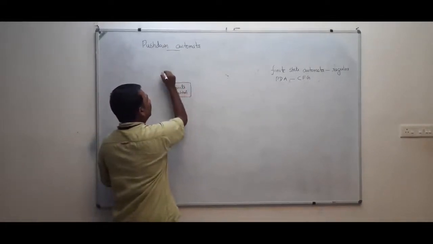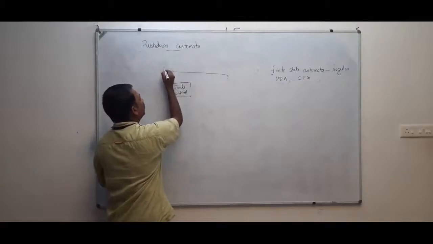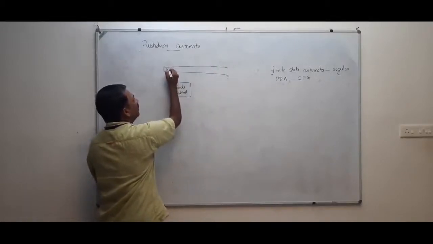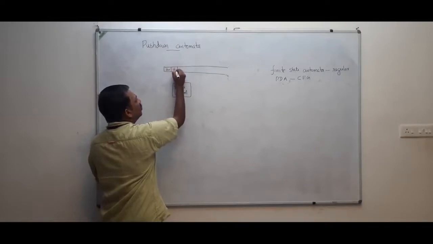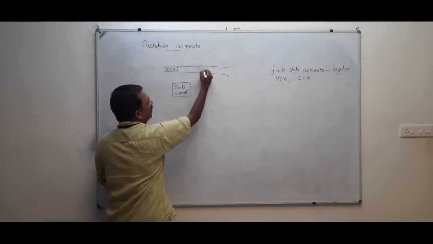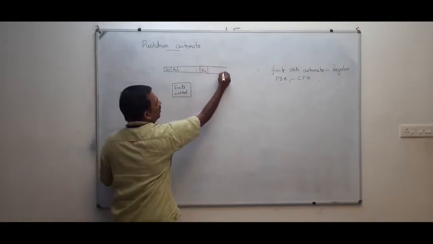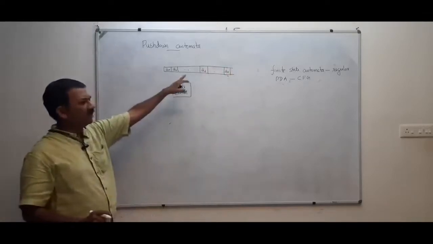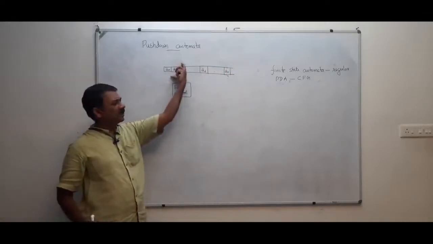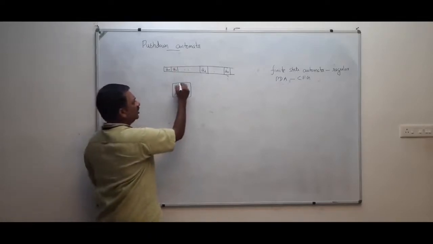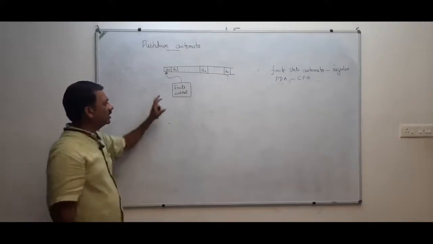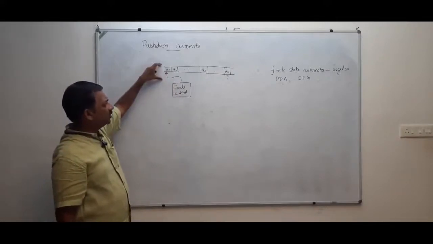And here we have an input tape, with symbols A1, A2, up to Ai, up to An. The input is written on this tape, and initially the finite control is pointing to the first location.